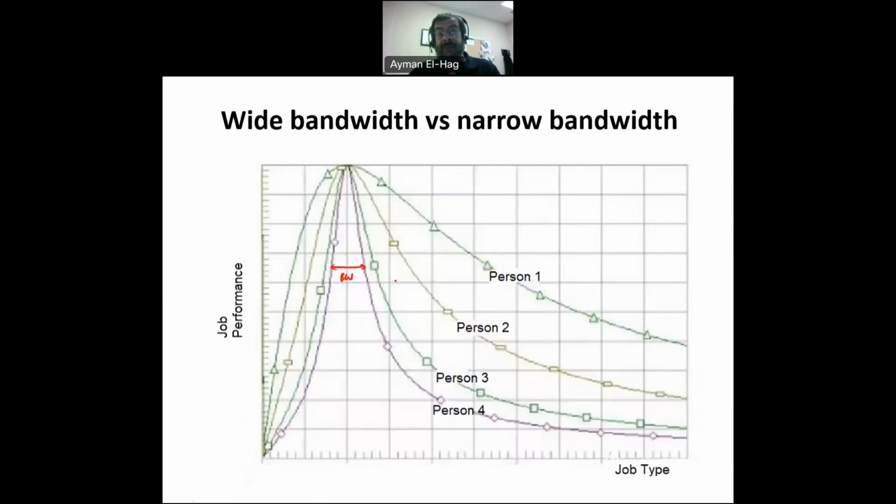Some of us have a very wide bandwidth and can do a lot of things. They can excel in many different jobs. There are some people, and there are few of them, not too many, who are excellent in both technical and non-technical jobs. But most of us have a small bandwidth. Most of us excel in specific types of jobs.